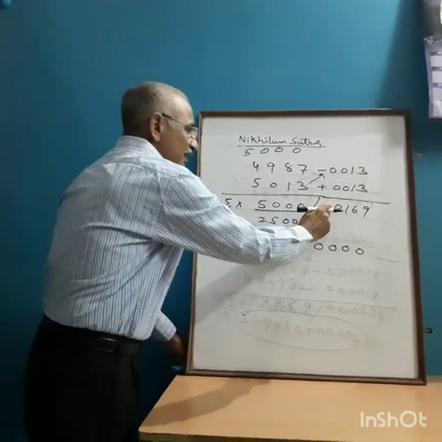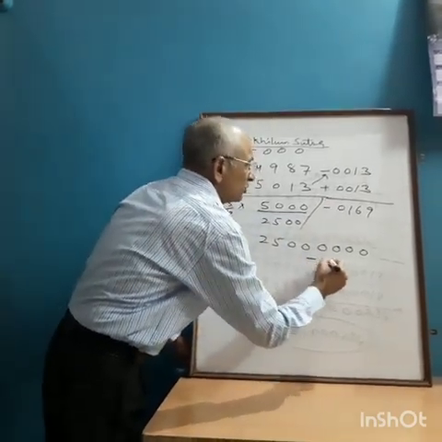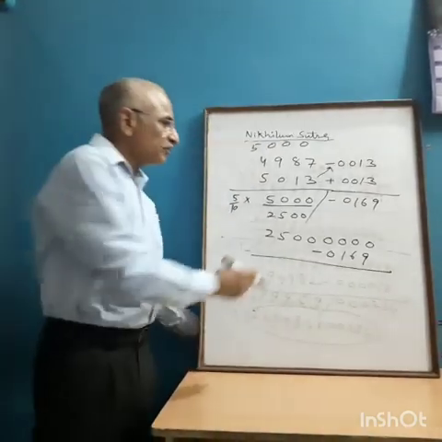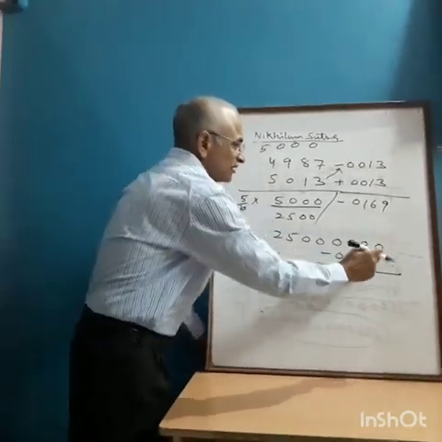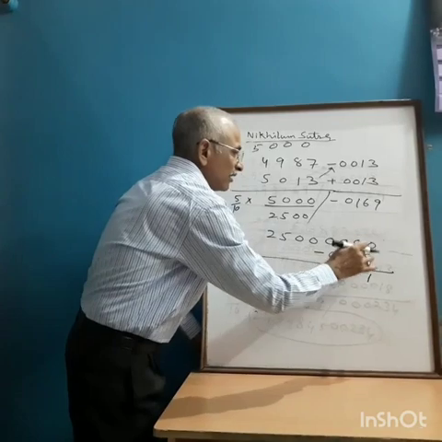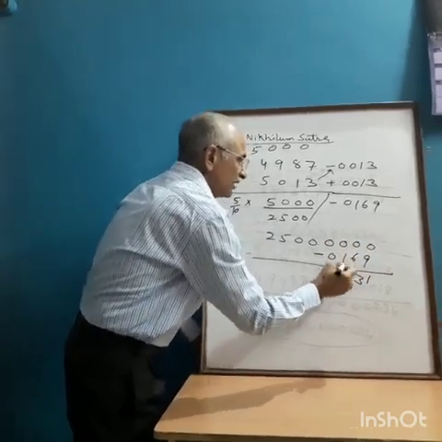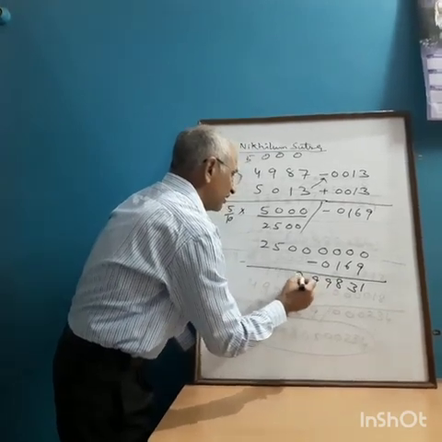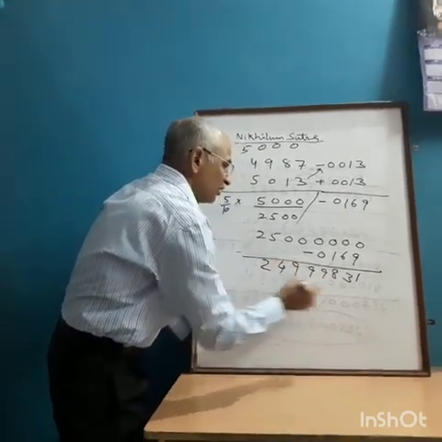And here this one is negative, you have to make 0169. After subtracting this, 10 minus 9, 1, 9 minus 6, 3, 9 minus 1, 8, and then here 9, 9, 4, 2. This is the answer.